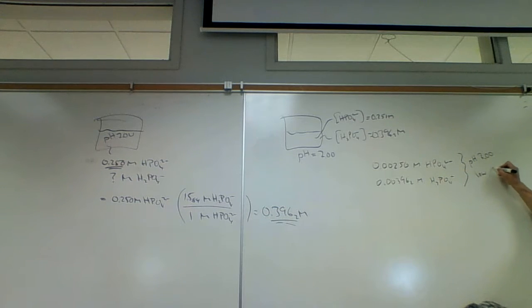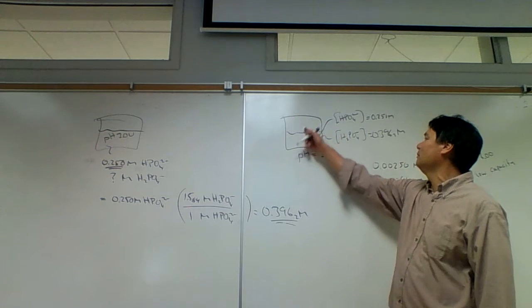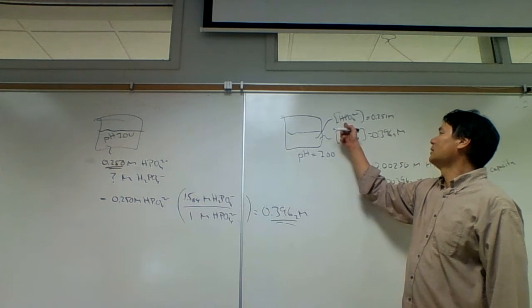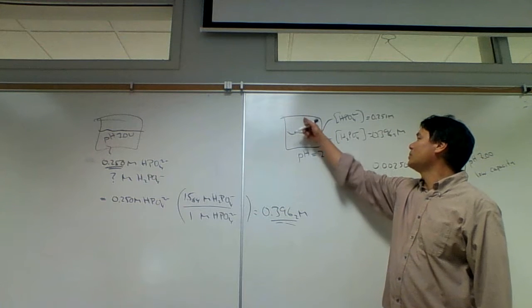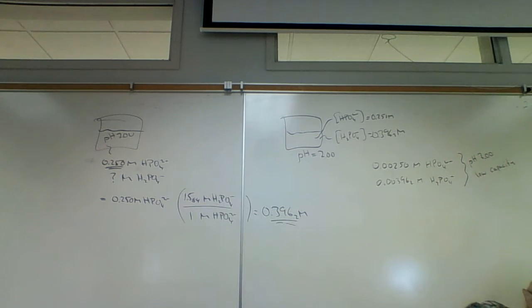And so it's a low capacity. The more components you have, the more this can withstand added acid or added base, because if I add some HCl, the base, the HPO4 2 minus, will attack it. If I add some sodium hydroxide, the acid will attack it and neutralize it. And so we want the buffer to maintain a stable pH even in the face of added acids and added bases.